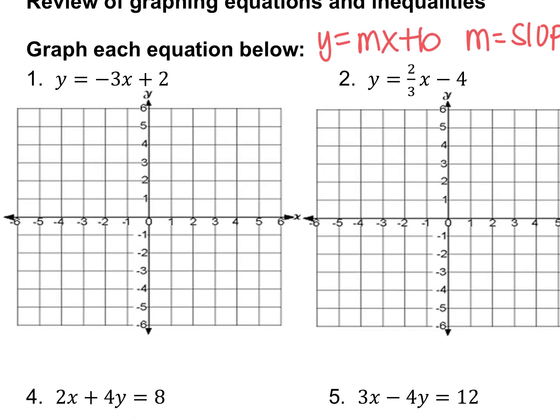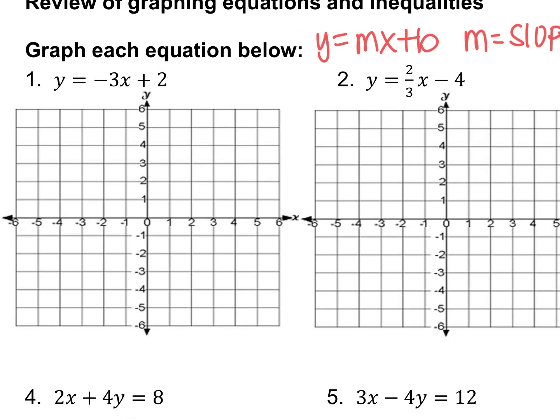So in number 1, what is my slope? Negative 3 over 1. So that means I'm going to go down 3, right 1. Would you agree? Would it ever be a negative 1 under that or no? You could do negative 3 over 1 or 3 over negative 1. The negative just has to be on the top or on the bottom, not both.